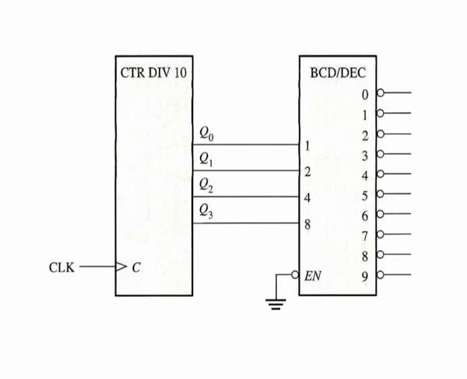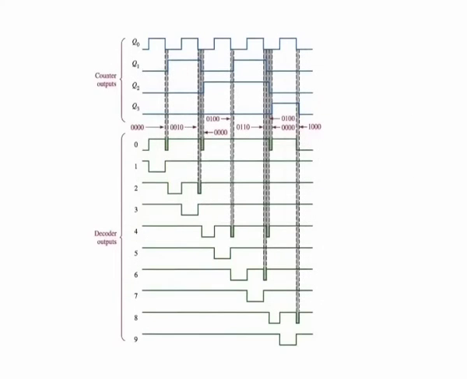Figure shows a basic synchronous BCD decade counter connected to a BCD to decimal decoder. To see what happens in this case, let's look at the timing diagram in which the propagation delays are taken into account, as shown in the figure.